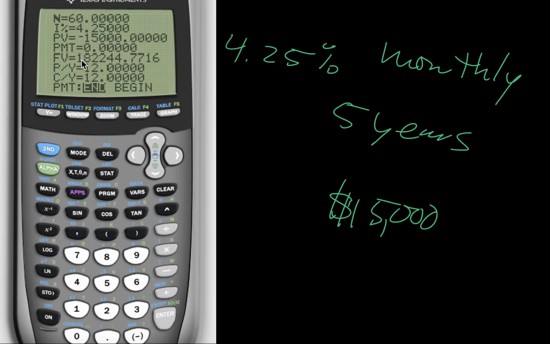Then we want to come back up to the FV, and we want it to calculate it using all of these things. To do that, we hit the alpha button and the enter, and then we hit enter. When we hit the green button, it really does a solve function. We look at that number, and if you have your book open, you can see it's the same answer as the book got.